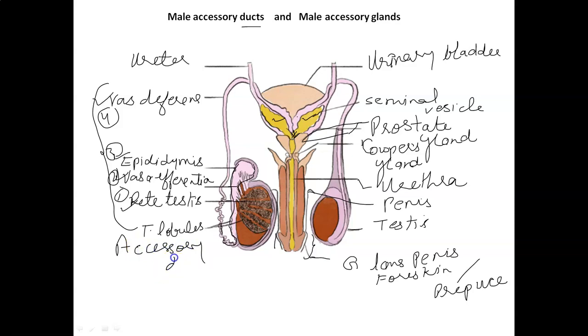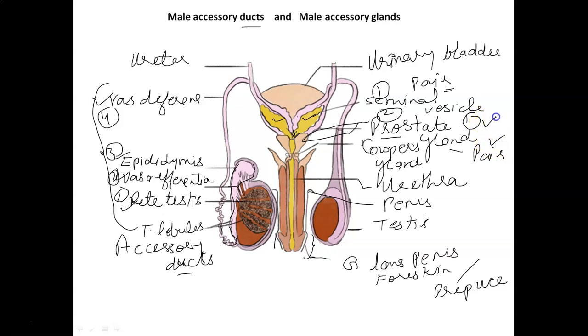Accessory ducts actually don't have any important secretion, but here the seminal vesicle, which is actually a pair, so 2 in number, a single prostate gland, which is 1 in number, and the Cowper's gland, which is again a pair.